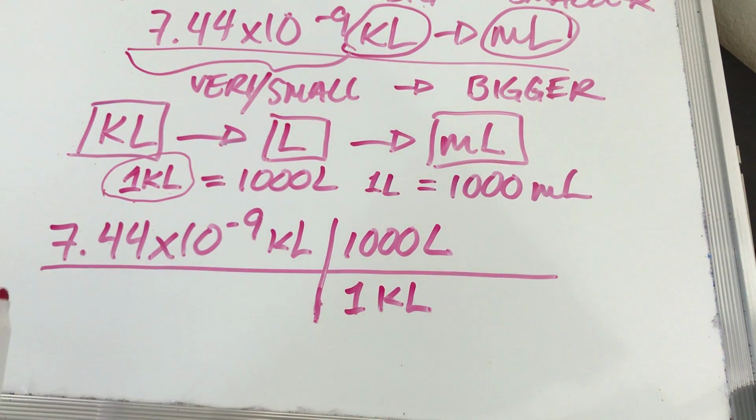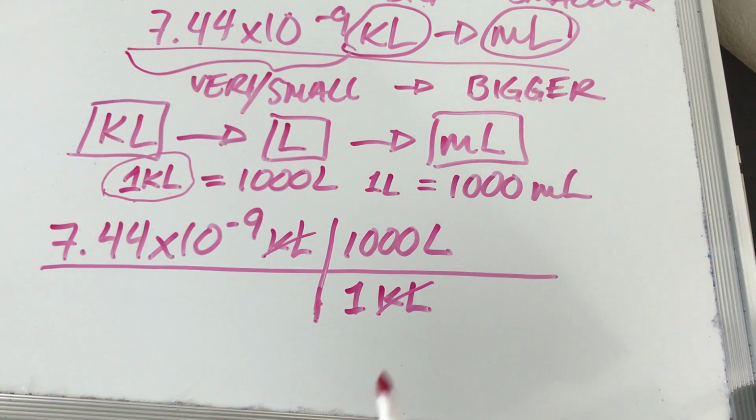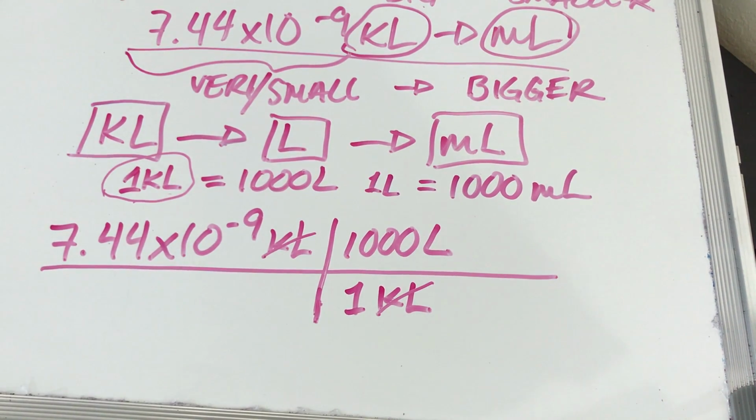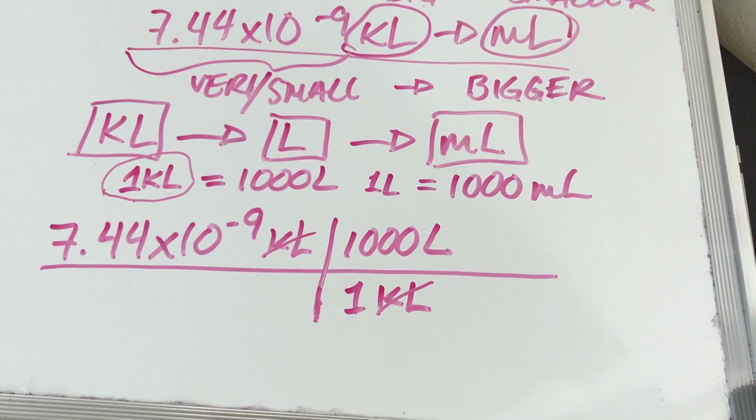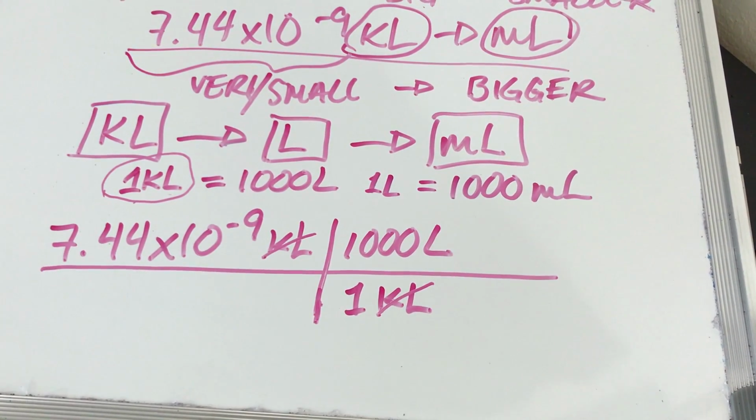And a quick question, will you always use the railroad track, like the 7.44 on top? Will that always be on top, or can you do it on the bottom? So this is really flexible. It's all about how things work out to cancel. So it doesn't really matter whether they're on the top or the bottom of the railroad track.